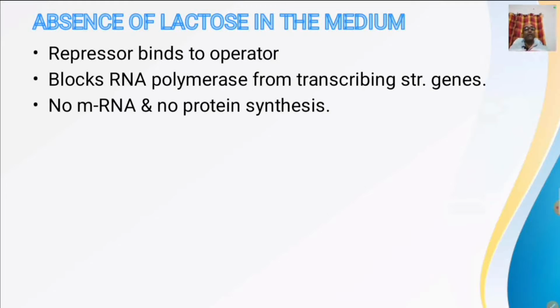So what will happen when lactose is totally absent in the medium? The repressor protein, which is encoded by the I gene, directly binds to the operator region. When it binds to the operator region, it blocks the RNA polymerase from transcribing the structural genes, because the operator is present between the promoter and the structural genes.